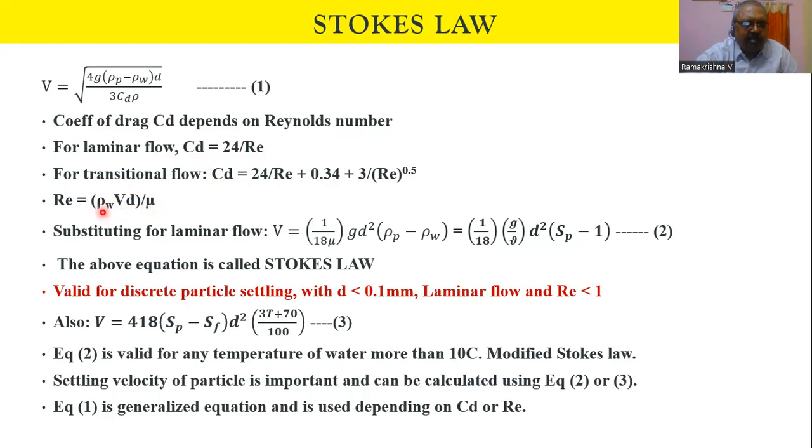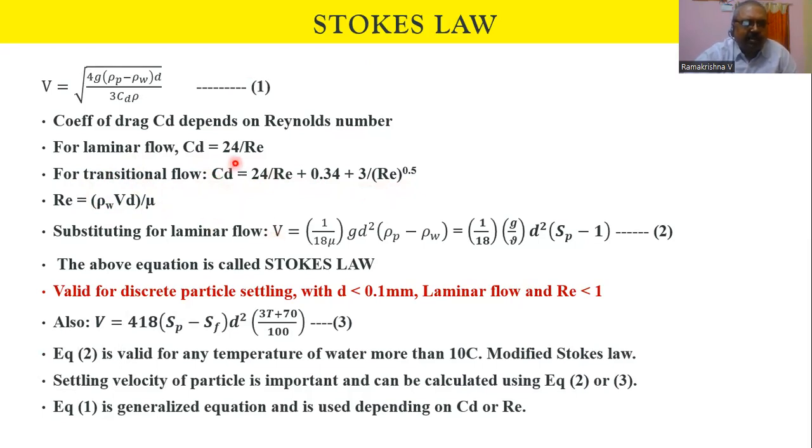Rho w is the density of the fluid, water, V is the velocity of the particle, d is the diameter, and mu is the absolute viscosity. If the flow is not laminar but transitional, CD has additional terms: 24 by Re plus 3 by root Re plus 0.34.